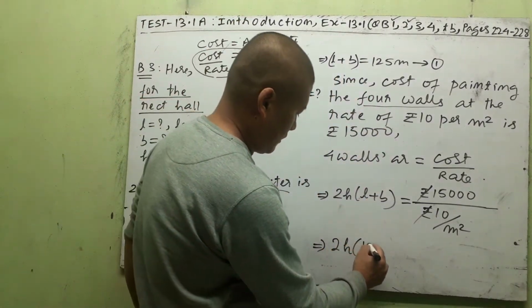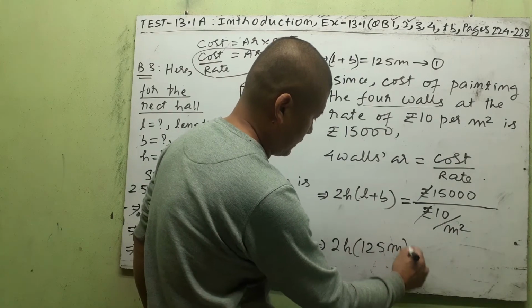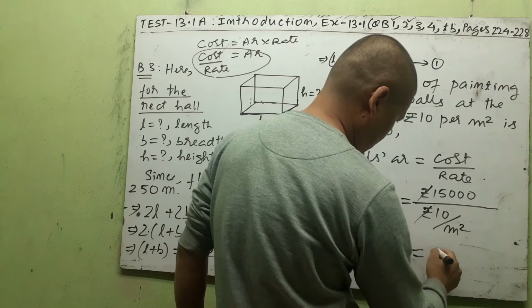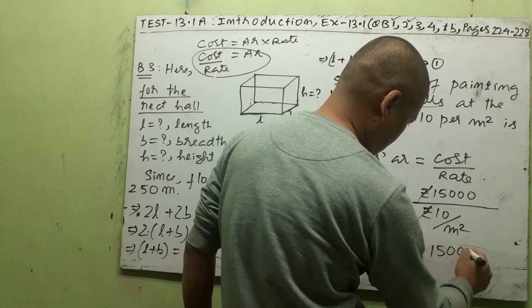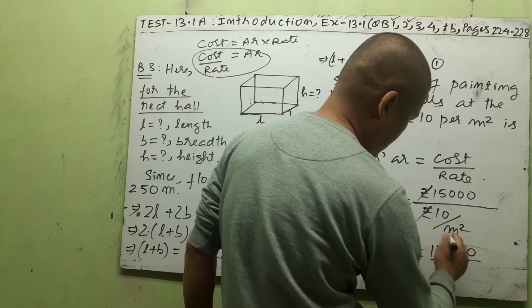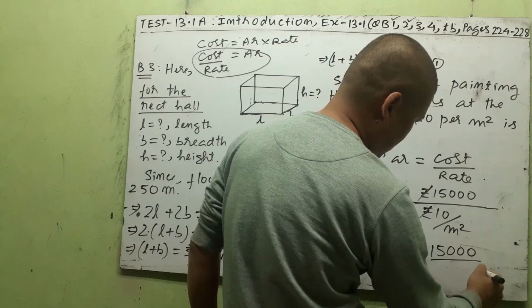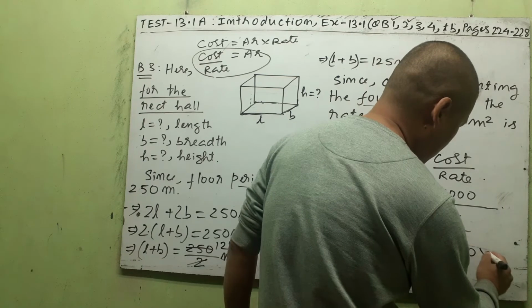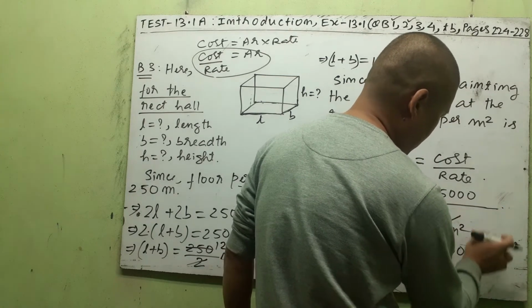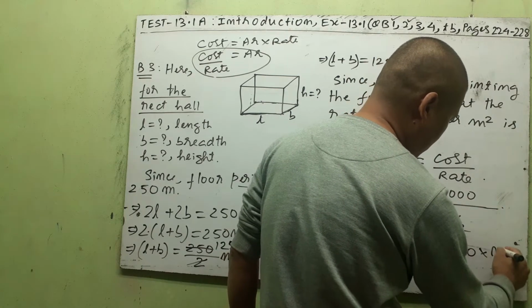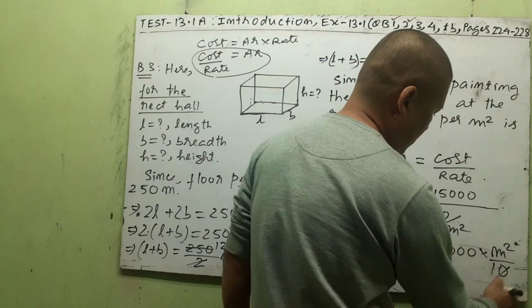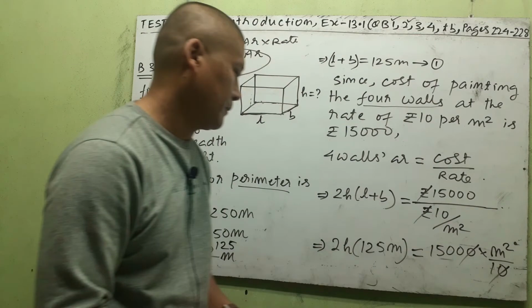So 125 meter is L plus B, as you can see. Then here 150,000 divided by 10. So into means, now if you want, you can do like this also. Into means this division line, long line change to multiplication sign, means down meter square will go up and up 10 will come down. This 0 and 0 can cancel.